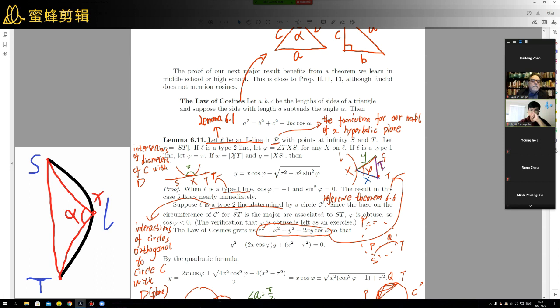If x equals the absolute value of xt, which is this part, and y equals the absolute value of xs, which is here, then we get this kind of formula.